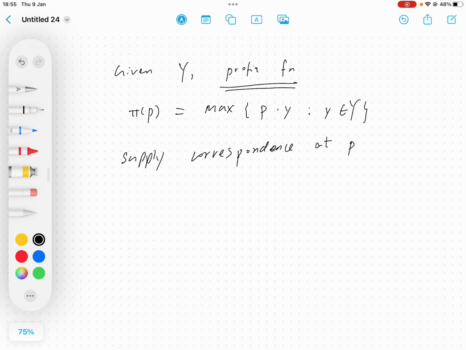At P, denoted by Y(P), that'd be the set of profit maximizing vectors Y(P), okay, so those Y's are such that this is exactly the level of this profit, okay? Good. So, okay, that'd be the definition that we need to move forward.